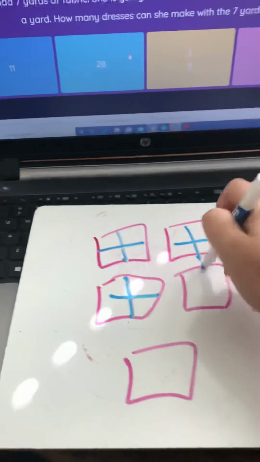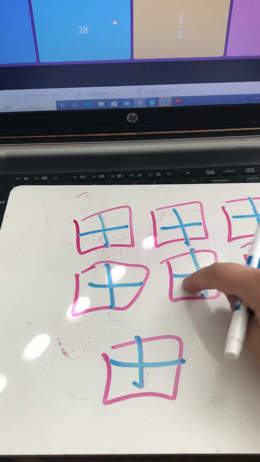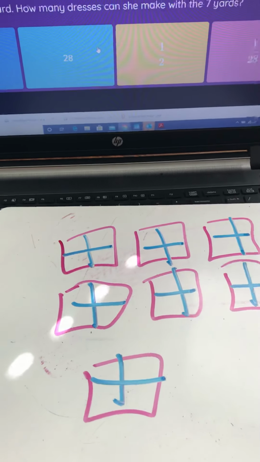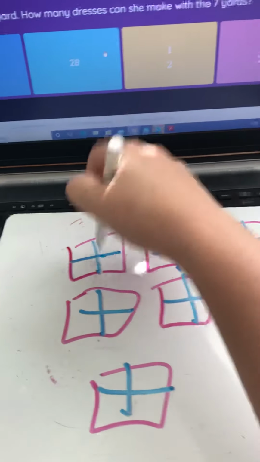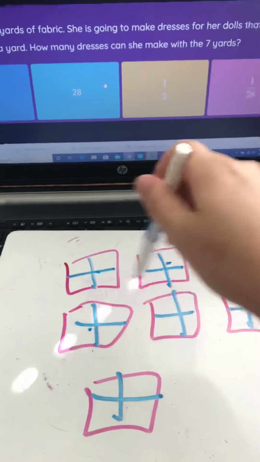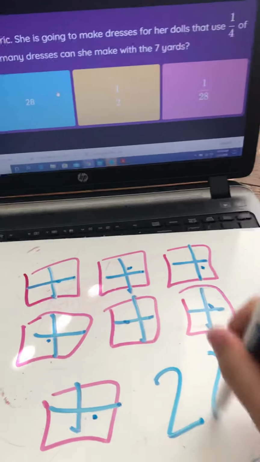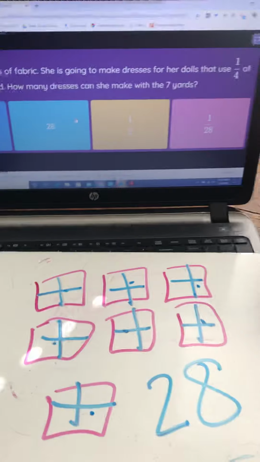Out of all 7 yards, I want to know how many dresses she can make. So each one of these pieces represents a baby doll dress. So here we have 4, 8, 12, 16, 20, 24, 28. She can make 28 dresses.